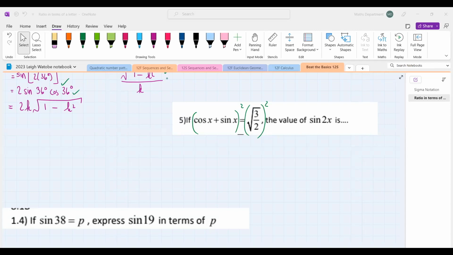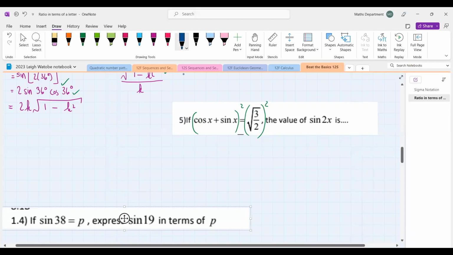Basically, what I did, I noticed that if cos x plus sin x equals the given value, previously we squared them. So I squared them individually, with cos squared x plus sin squared x in one bracket, and then cos squared x plus sin squared x in another bracket.